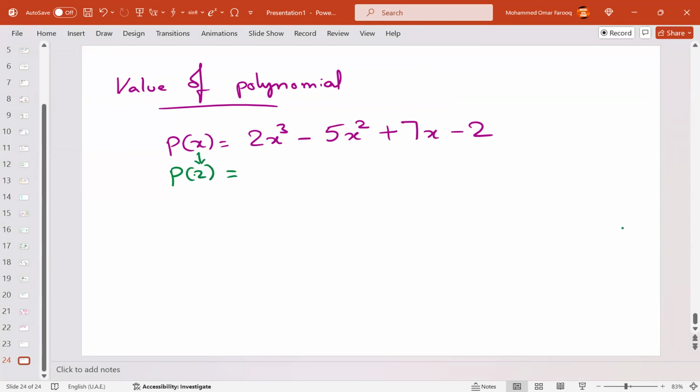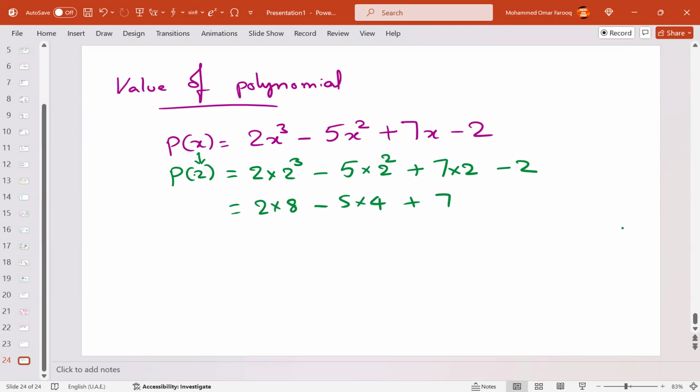Wherever you have x, substitute. So it is 2 times 2 cube minus 5 times 2 square plus 7 times 2 minus 2. Is it clear? Now 2 into 2 cube, we already know, is 2 into 8, minus 5 into 4, plus 7 times 2, minus 2.